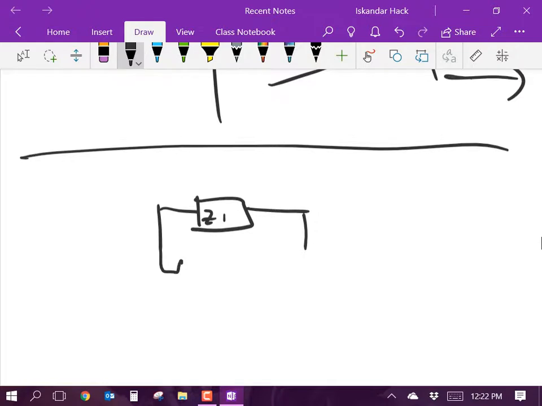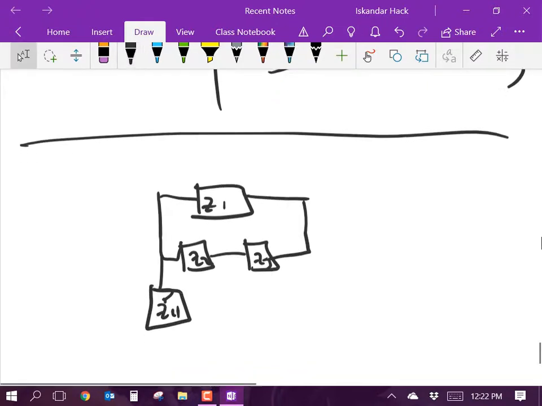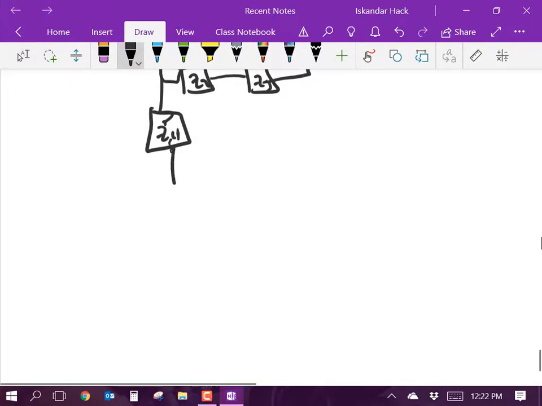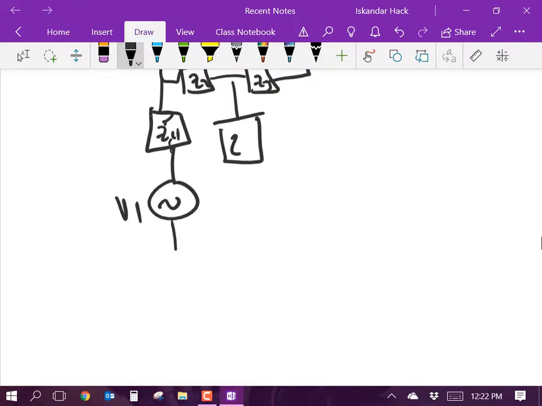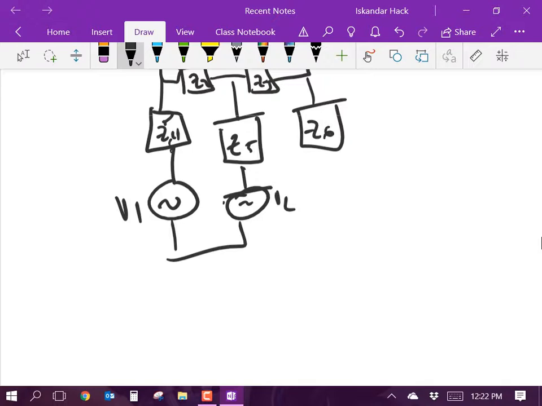I'm going to show a couple branches here with Z2, Z3, Z4. I'm going to show here a V1, show a Z5, V2, and a Z6, and a V3.